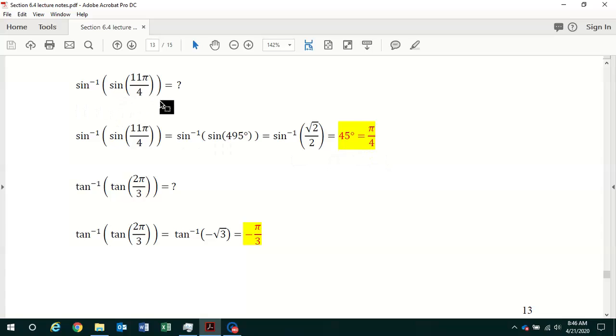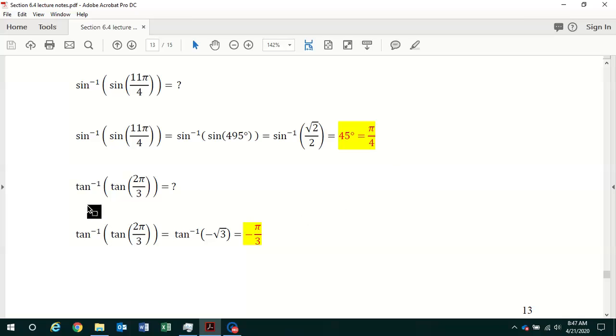So again, the inverse sine and the sine did not cancel in the composition, because 11 pi over 4 radians is outside the range of the inverse sine function. So this composite is equal to pi over 4 radians.